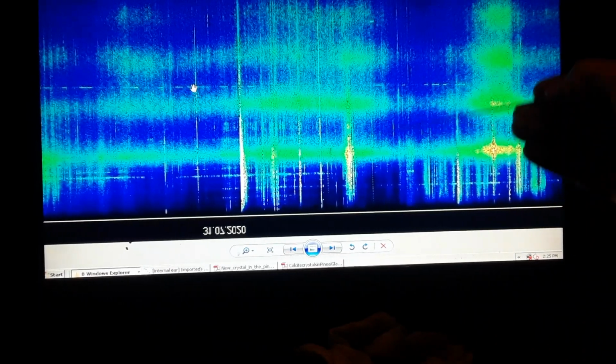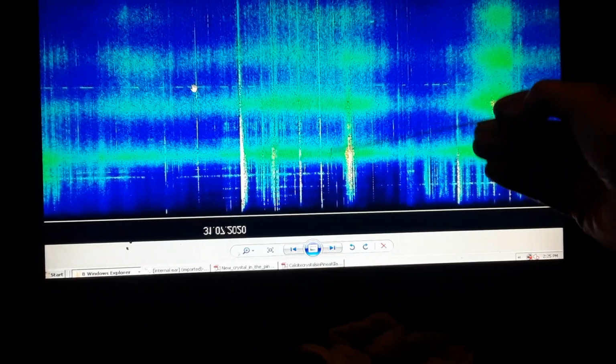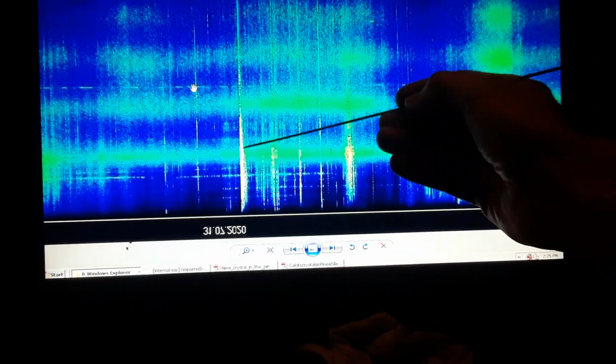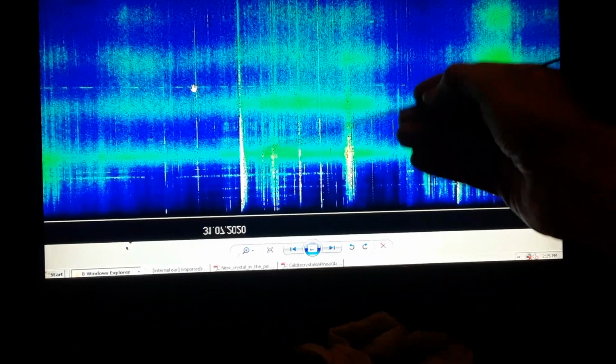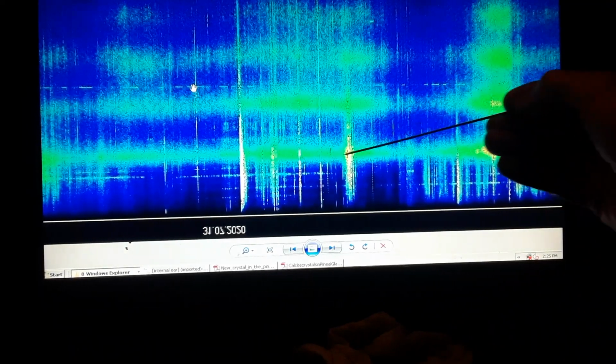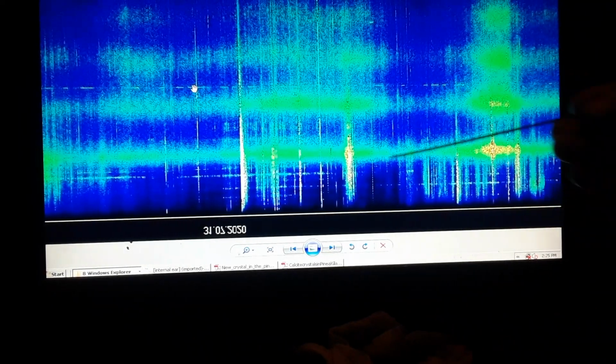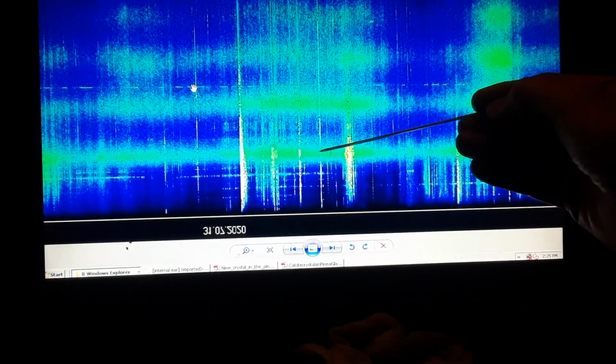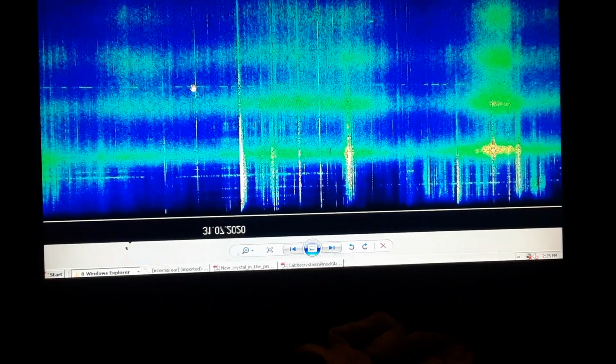You see it's a wave, it's a bandwidth of a few hertz. You see how thick it is. That will travel around the world because it's obviously showing you it's got some heft to it. It's going to be able to travel around the world because it is a wave.